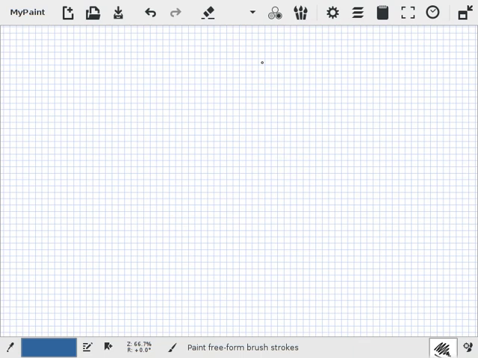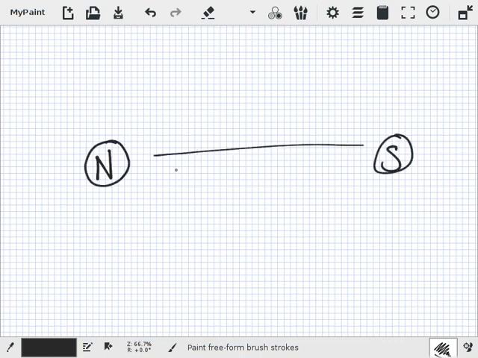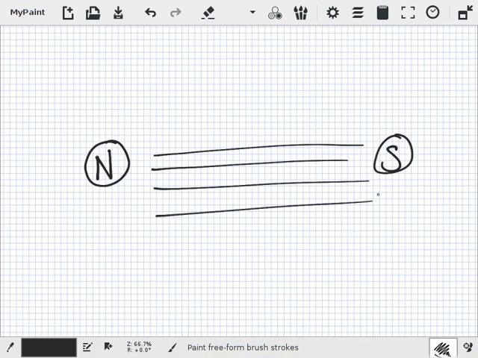Okay, next one. What does it look like if the area is changing? Okay, so that would be something like this. Let's say you have a north here and a south here, and the field is going this way. Let's make this a pretty big field.